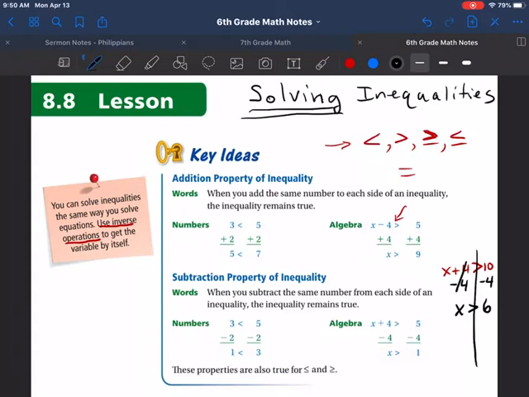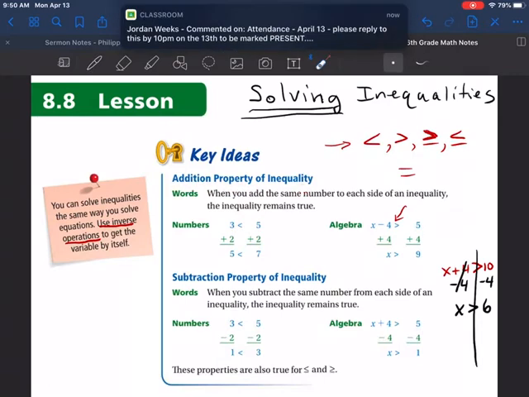Like I said, it's the exact same thing. You can even draw the line through it. Just note that instead of the equal sign, we're going to have a greater than sign, and then we're going to graph it. Those are the only two differences. At the end, we're going to do our little number line graph, so don't worry.